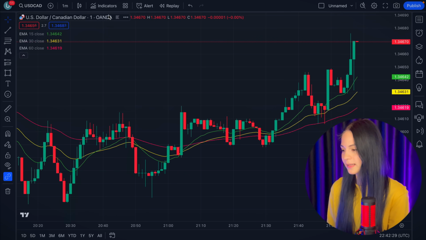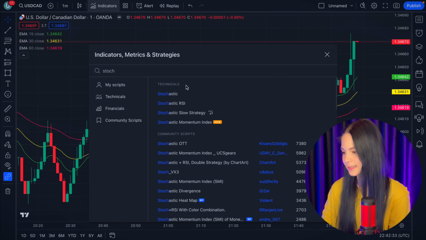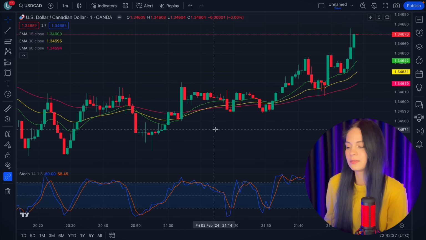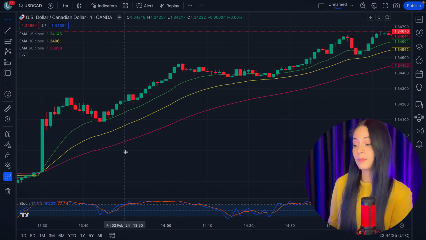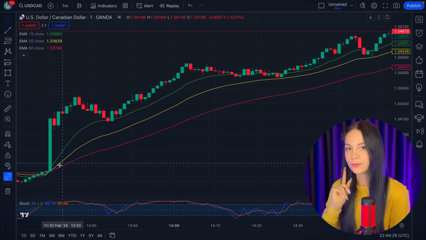And of course, what else do we need in this strategy? We need the stochastic indicator. Of course, we talked about it, and the minimal knowledge of candlestick patterns. With the example of this uptrend, let's look at how we are going to open deals in an uptrend.